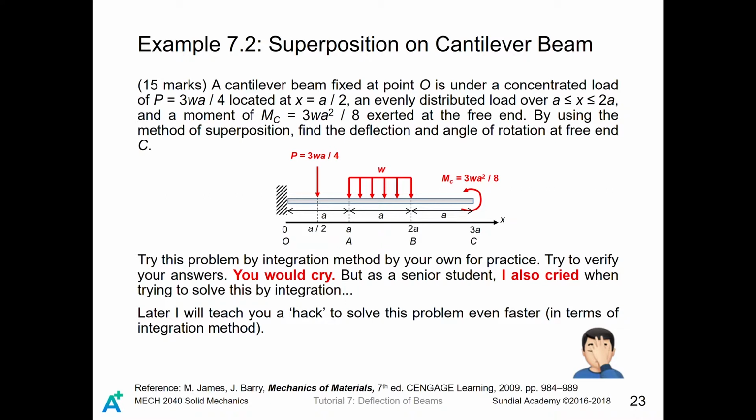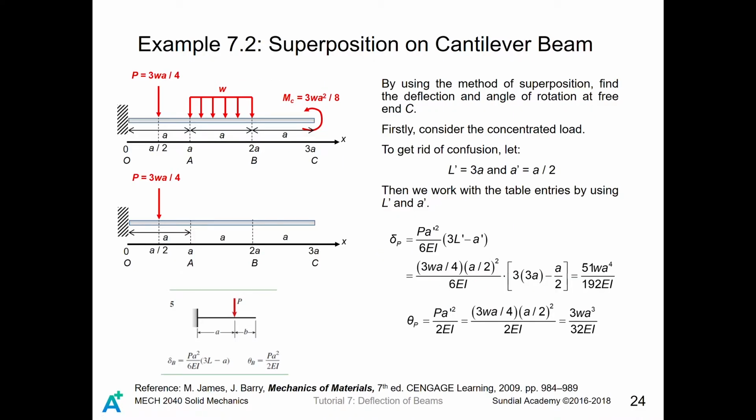So, returning to this problem, we are going to use the superposition method to solve it, and the way to do that is to do the table lookup. First, we know that for this beam there are 3 kinds of loads, so at the very beginning we take out one of the loads.